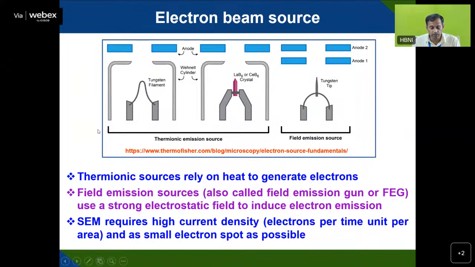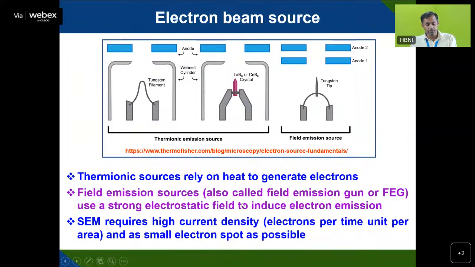But in thermionic emission, generally we use tungsten, LaB6, or cerium hexaboride, or tungsten tip, those types of tips. You can see this is a circular type, this is a needle shape, this is a little bit broad, and this is a sharpened needle shape. By using this, the electron beam is useful for generating the characteristic images.